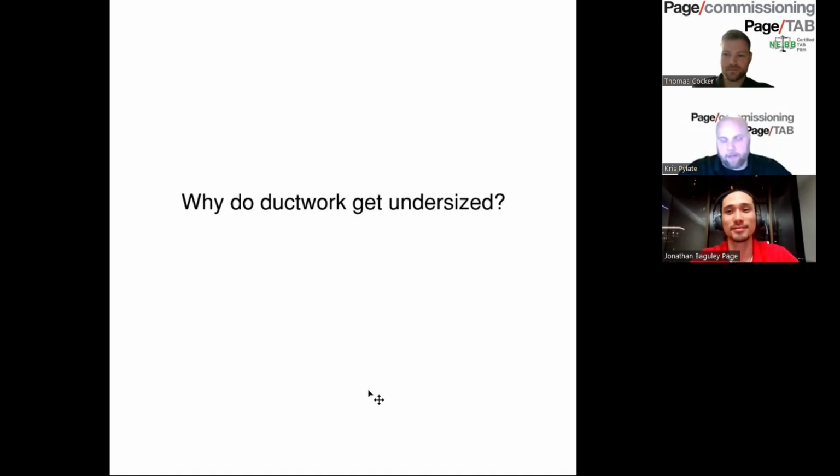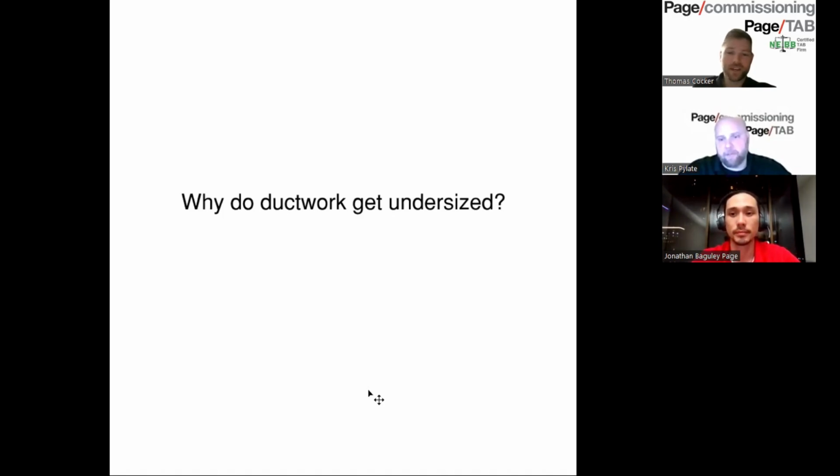Why do you undersize ductwork? Mainly like AHU mains, exhaust mains. So I try hard not to undersize ductwork, but an engineer could have ductwork undersized for several reasons. The architect could change the zone around, the room type can change, and maybe there's not as much QA/QC in the ductwork as there should have been.